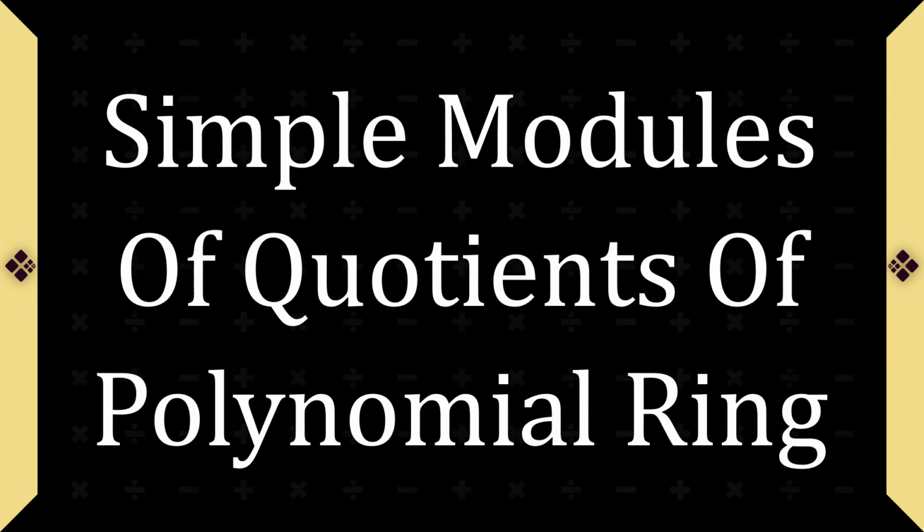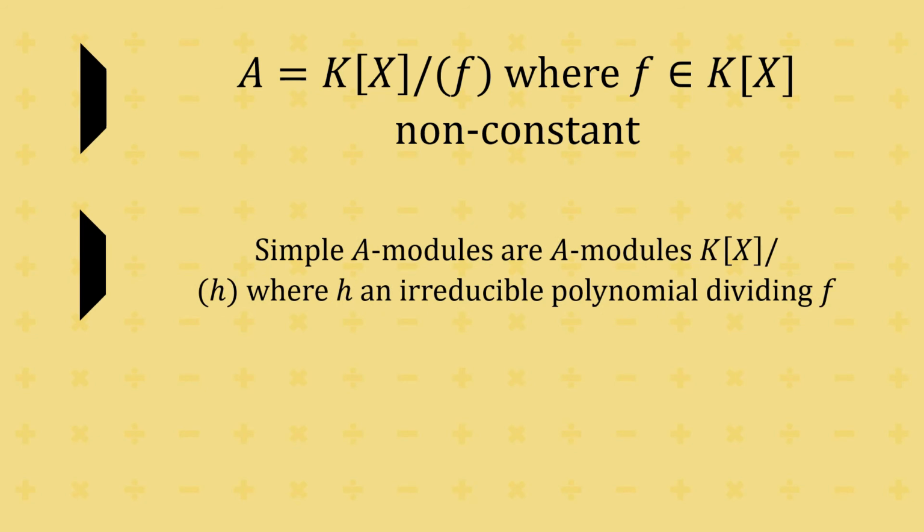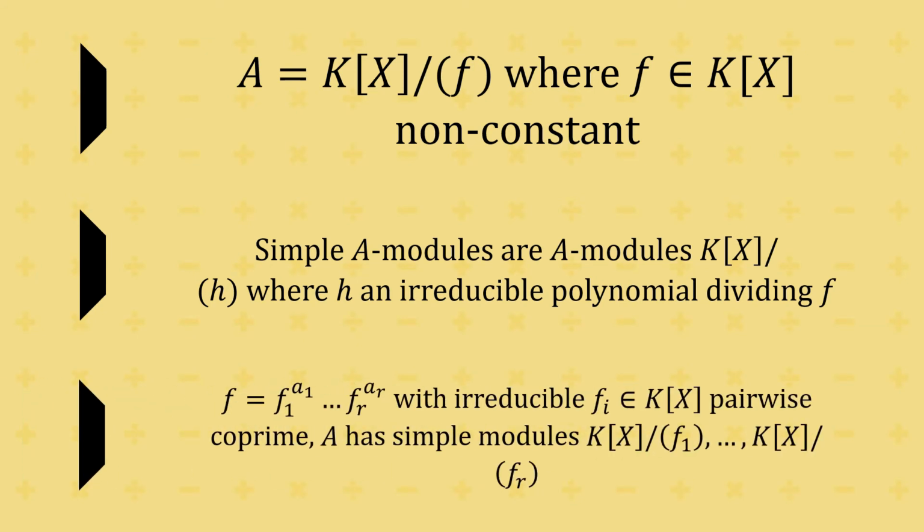Now, we'll state a theorem which describes the simple modules of quotients of the polynomial ring. If A is equal to k[x] over the ideal generated by f, where f has positive degree, then first, the simple A modules are, up to isomorphism, precisely the A modules k[x] over the ideal generated by h, where h is an irreducible polynomial dividing f.